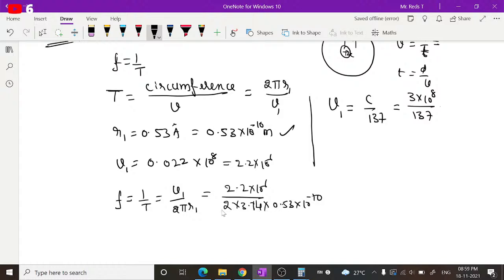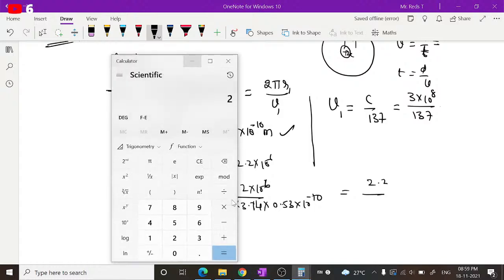Here, if you simplify, it is plus 6, right? 2.2 divided by 2 into 3.14 into 0.53.